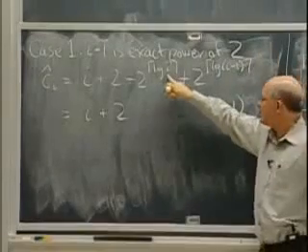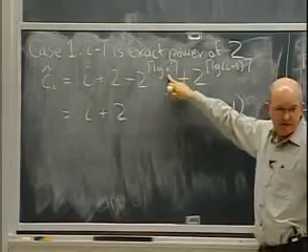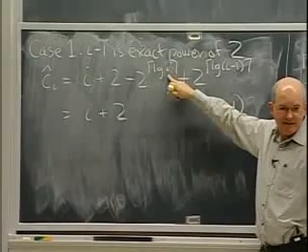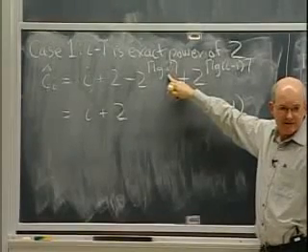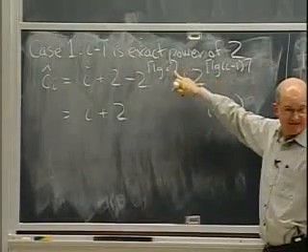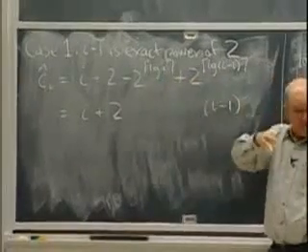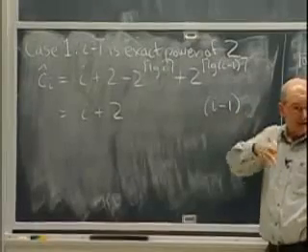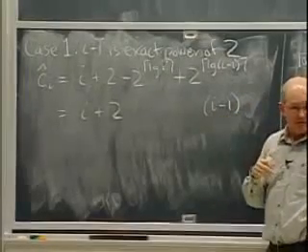Okay, this one, however, is not an exact power of 2. But what is it? It's just one more than this guy. We know that I minus 1 is an exact power of 2, so it's going to be the next bigger one.